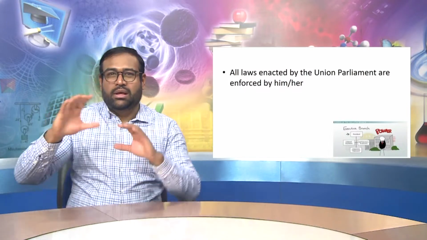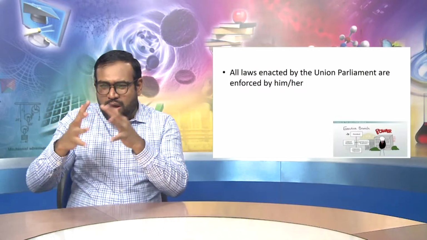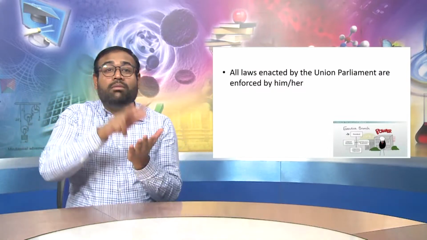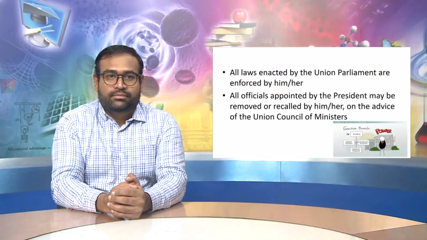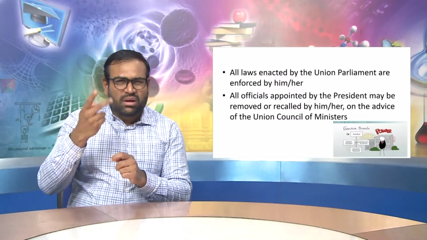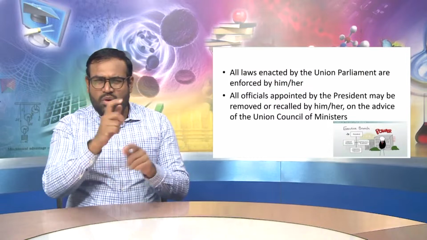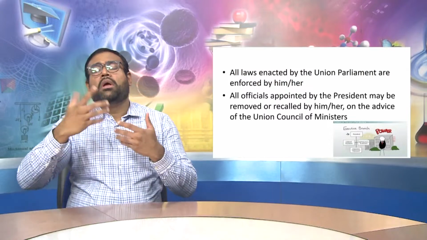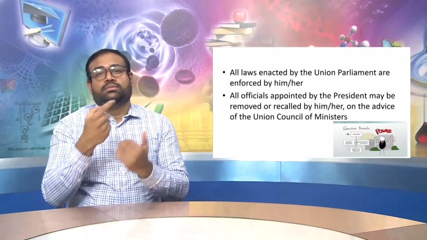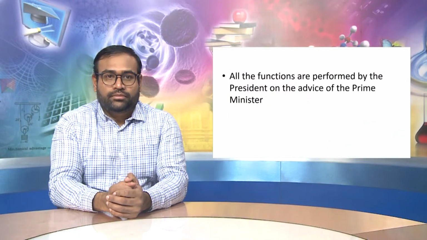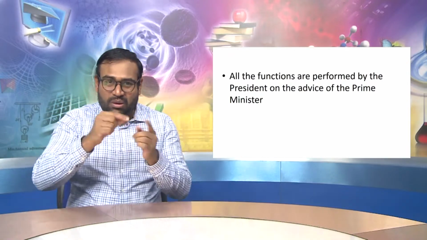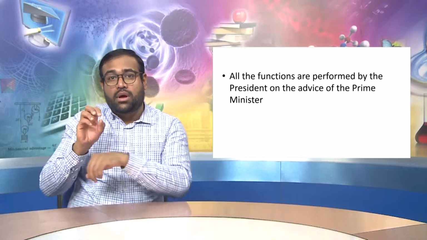All laws enacted by the Union Parliament are enforced by him or her. All officials appointed by the president may be removed or recalled by him or her on the advice of the Union Council of Ministers. All the functions are performed by the president on the advice of the Prime Minister.